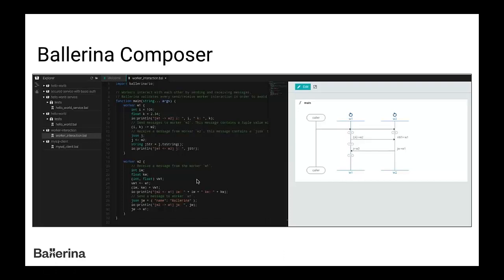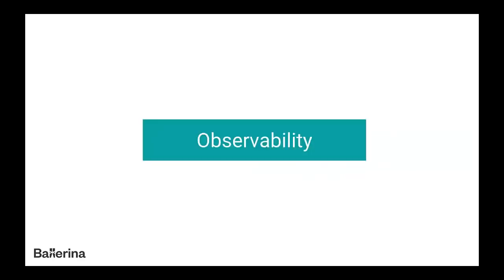So we have this support in the Ballerina Composer and also in our VS Code plugin. So it's a very easy and natural way to visualize what you have done, the high level design and the flow of your program.